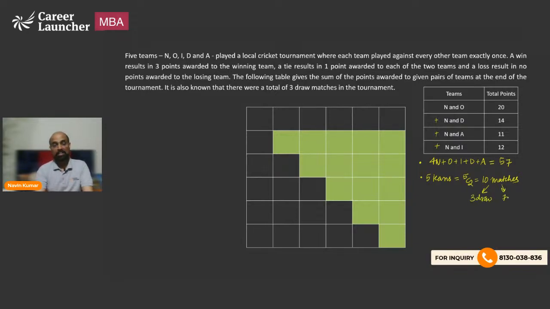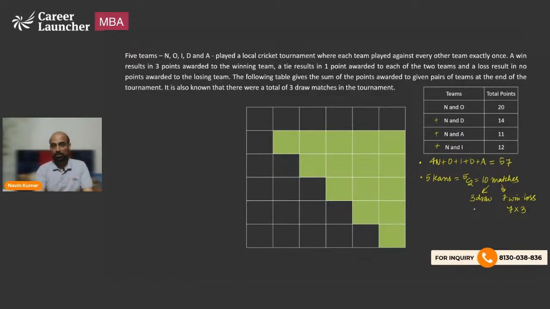That means the 7 remaining matches result in a win-loss outcome. Each of those 7 wins awards 3 points, so 7 into 3, which is 21 points. When a draw happens between 2 teams, both are awarded 1 point each, so 2 points are awarded there.